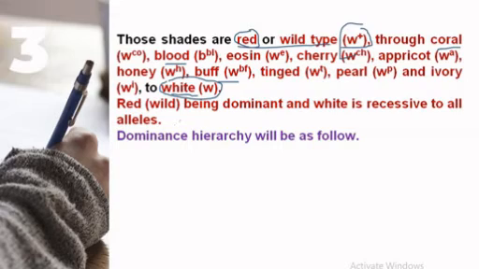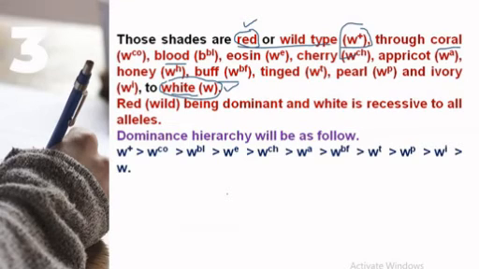Red, which is known as wild, is dominant, and white is recessive to all alleles. Out of all these alleles, red is dominant to all, and white is recessive to all the different types of alleles. The dominance hierarchy of all these alleles can be seen in this image.